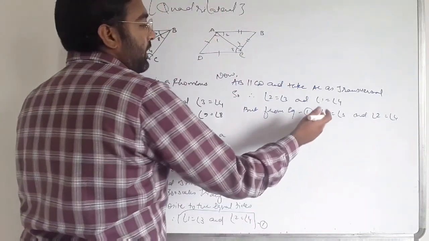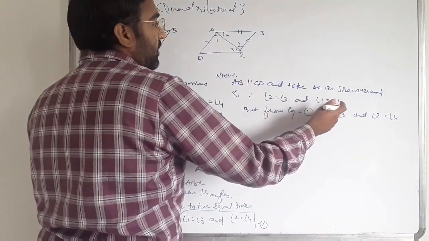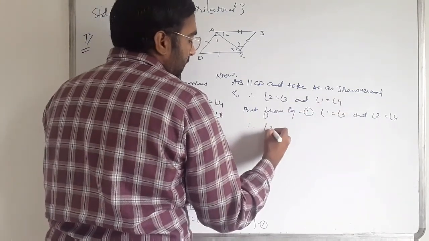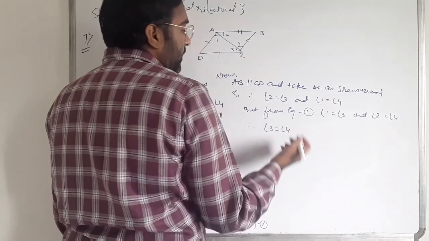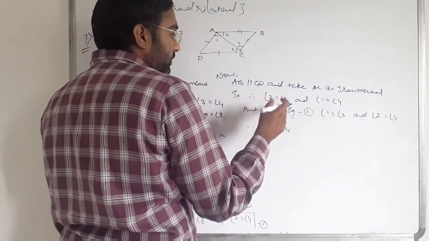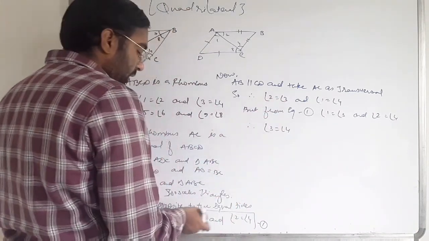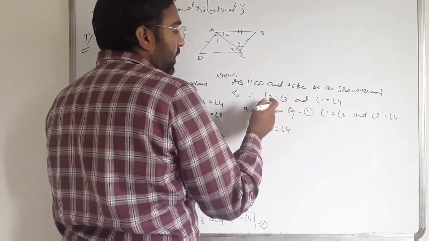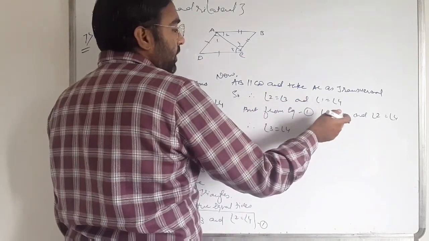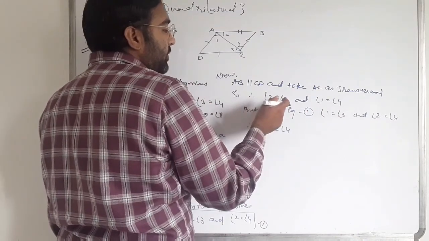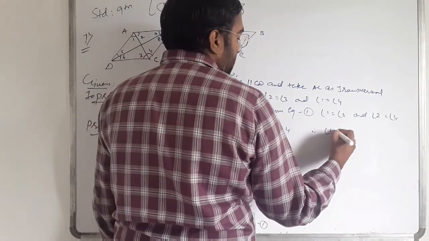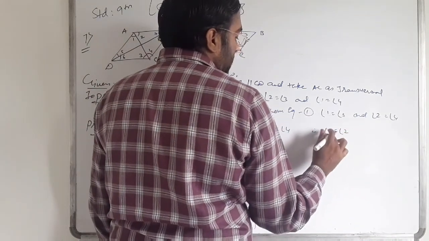Since 1 is equal to 3 and 1 is equal to 4, therefore 3 and 4 are equal, so angle 3 is equal to angle 4. In the same way, angle 1 is equal to angle 3 and angle 2 is also equal to angle 3, so therefore angle 1 is also equal to angle 2.